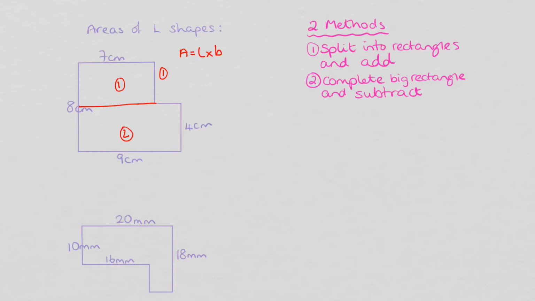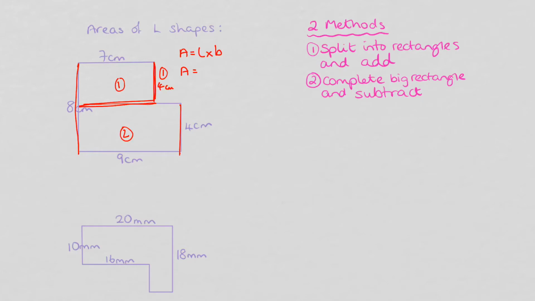First one, the area is going to be length times breadth. So the length of this rectangle is 7. We don't have the breadth of this rectangle. We're going to need to work that out. So remember, all the way down there is 8. That much of it, or that much of it, is 4. So the bit left must also be 4.